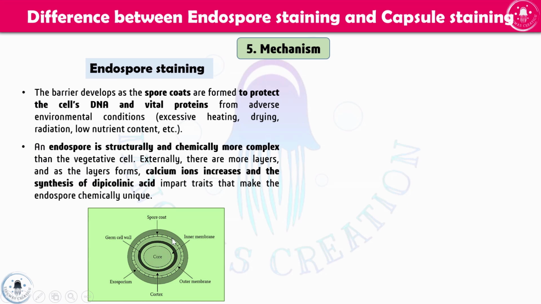Okay, there are so many layers we can see, and all of the layers are protecting one portion, that is the core. Now this core contains the cell's DNA and the vital proteins that are required by the bacteria to become viable again after the adverse condition is over.